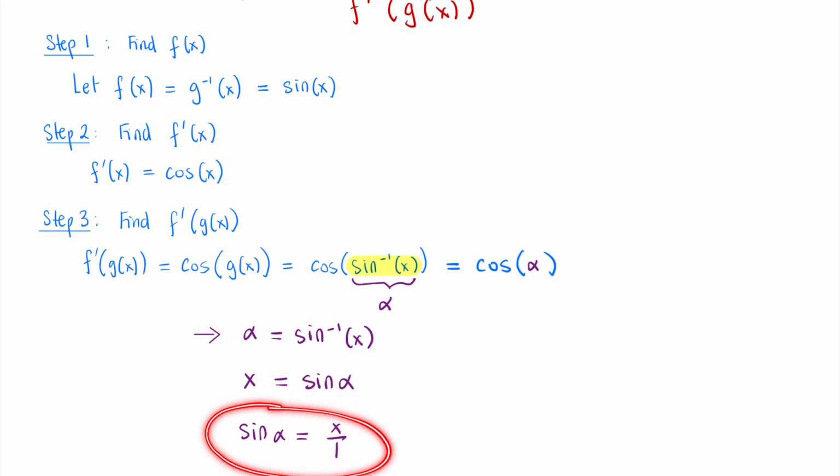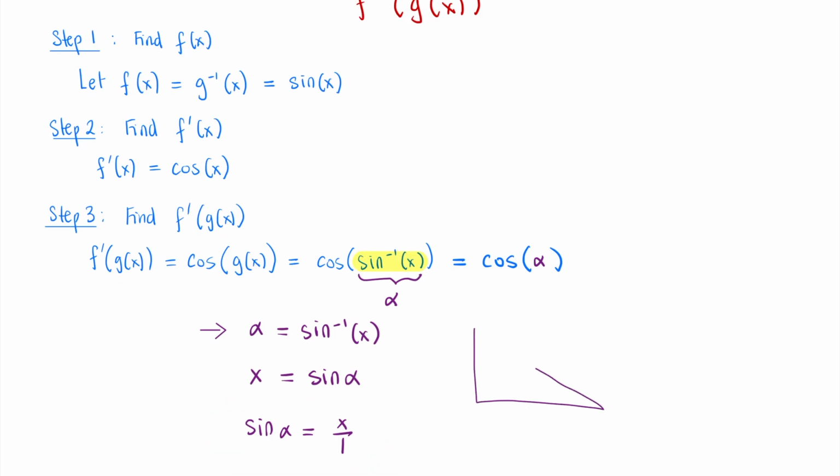Now, let's put this in a right triangle. Let's call this angle alpha. Does it have to be this angle? No, it could also be this angle. So this is alpha. This side is the opposite side of alpha.